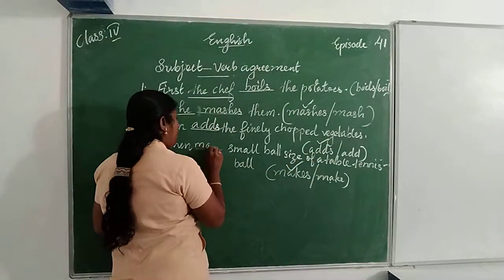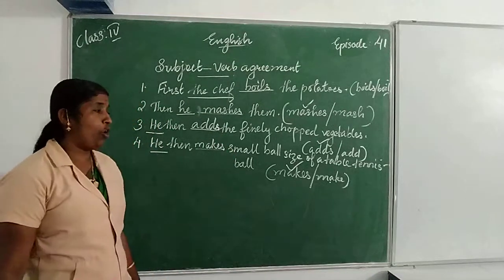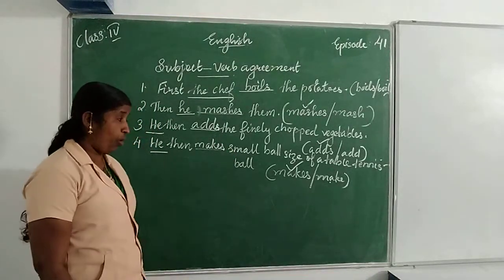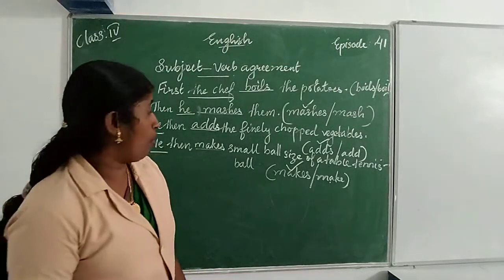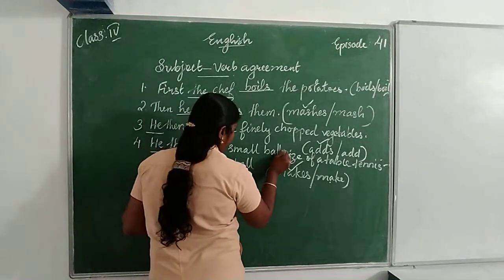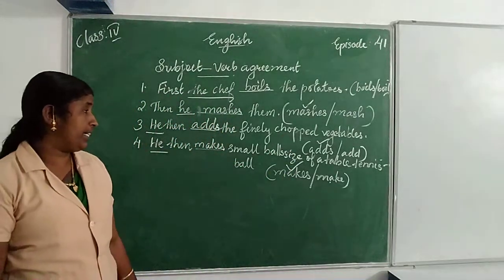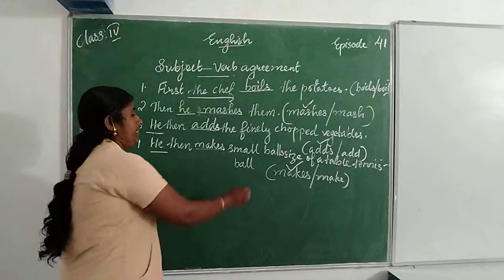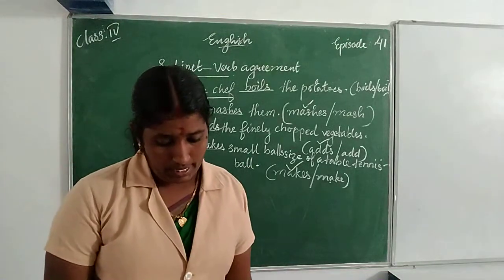He then makes small balls, size of a table tennis ball. The subject is he, so we use the verb makes.